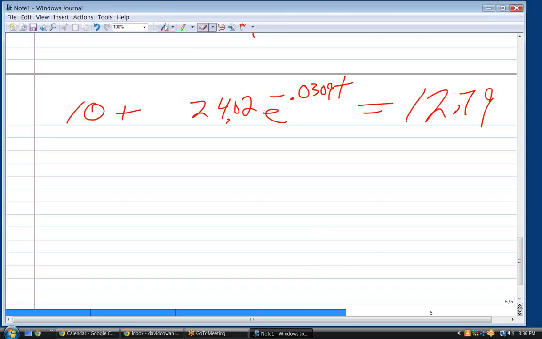Almost always you have to use logs. But the goal is to first isolate that. So how do I isolate that? So first I would subtract 10. Okay. Now what? Now you would divide by 24.02.